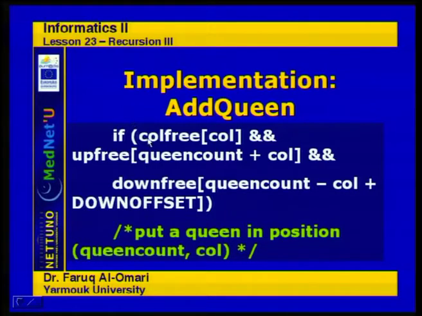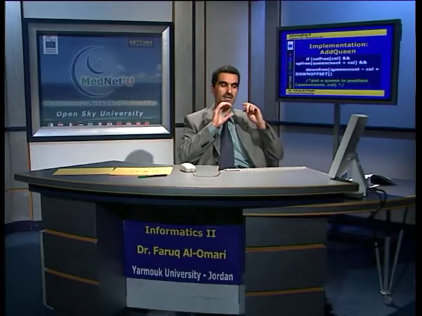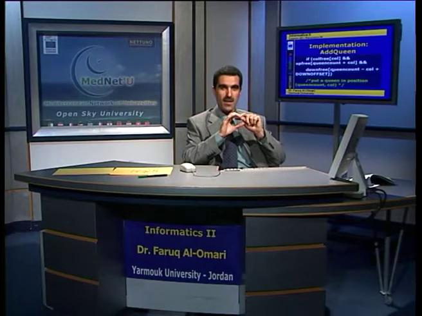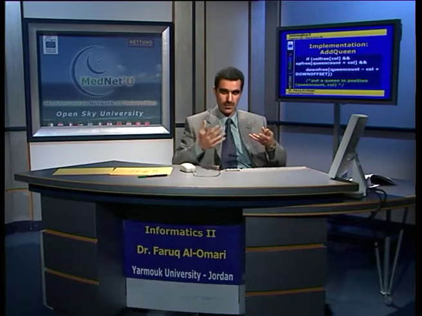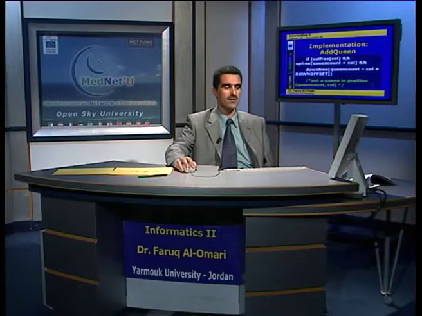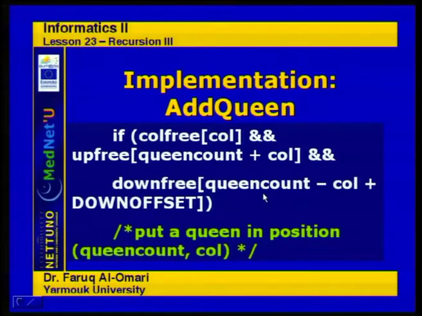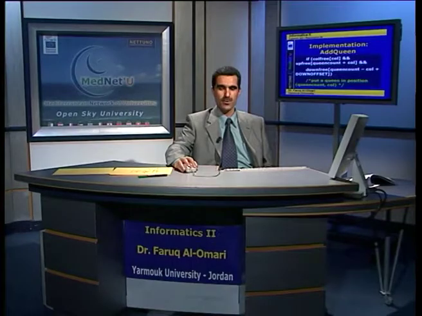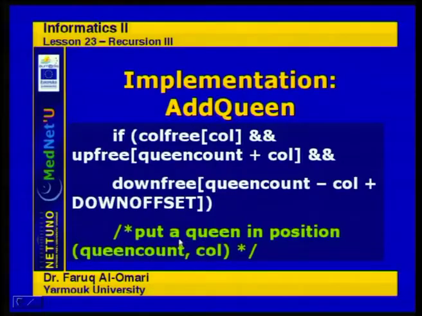Well, I'm going to check if column free at this particular column is true, and the up diagonal is free and the down diagonal is free. That means I'm checking that position at this particular column. Is it unguarded? So to make sure that it's unguarded, it has to be true and true and true. If that is the case, then okay, this is a good place to put your queen in.